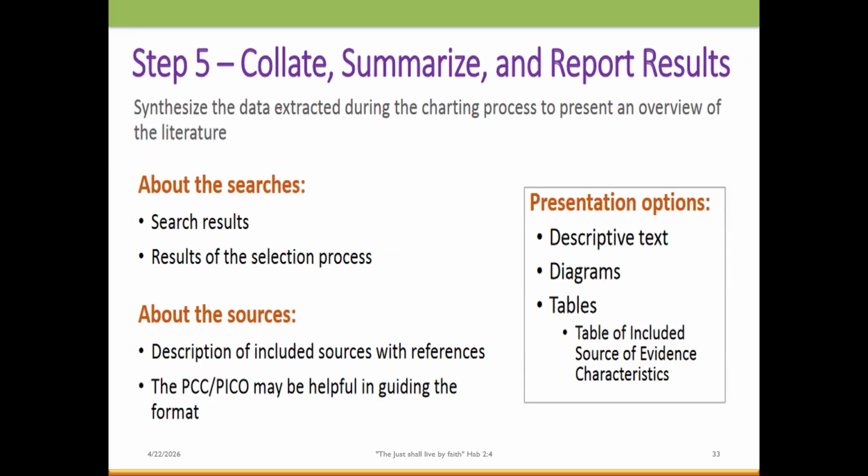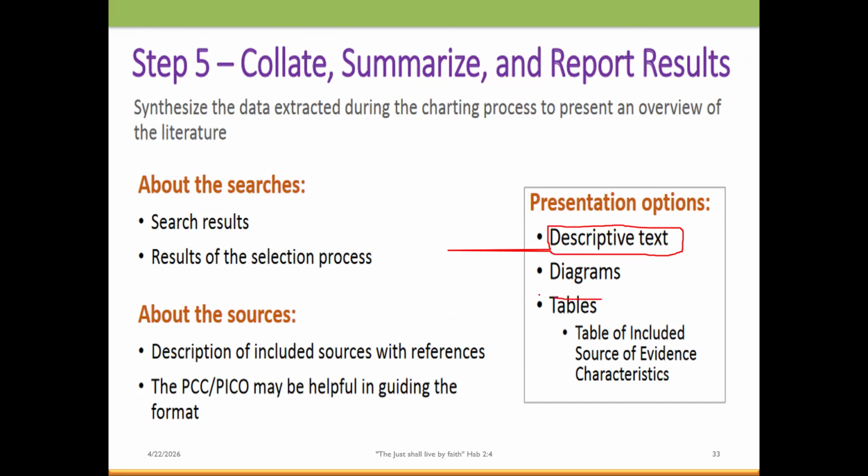Still under collating and summarizing, you can report the search results, you can put the results in tables. That's why in some reviews we have tables, diagrams, and descriptive text. Most commonly we have descriptive text.